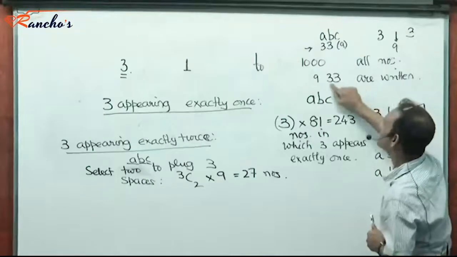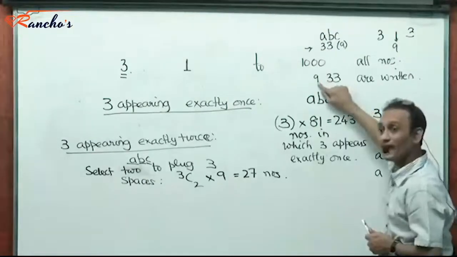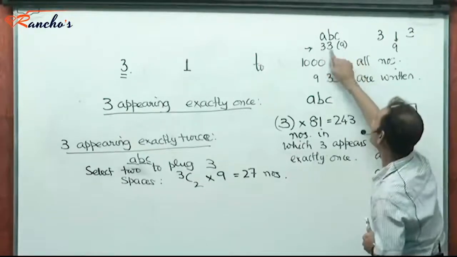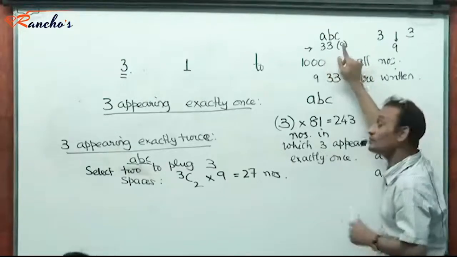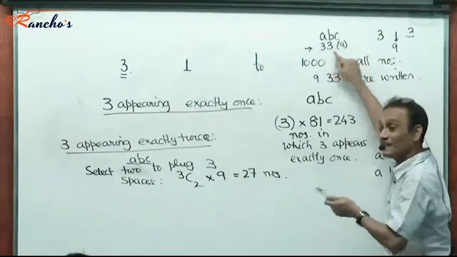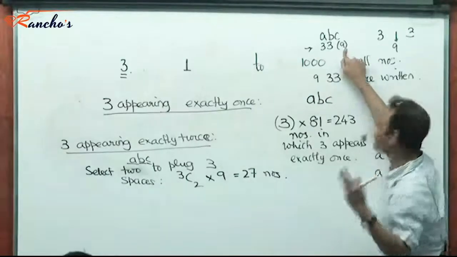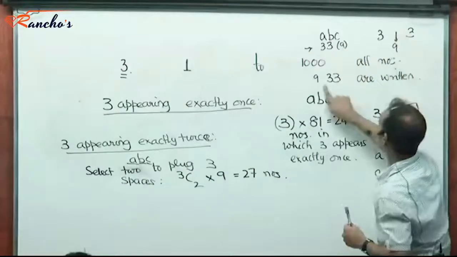Third case in which B and C is selected as 3 and A could be filled up in 9 ways. Right? It could be 330, 331, 332, 334, 335. 333 is not allowed here because 3 is appearing exactly twice. So there are 9 such numbers, 9 such numbers, 9 such numbers.